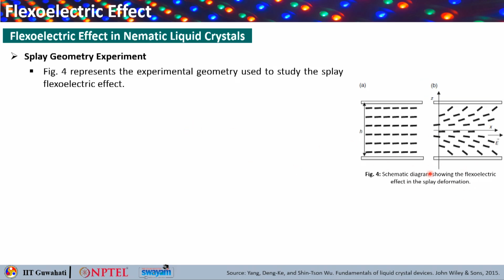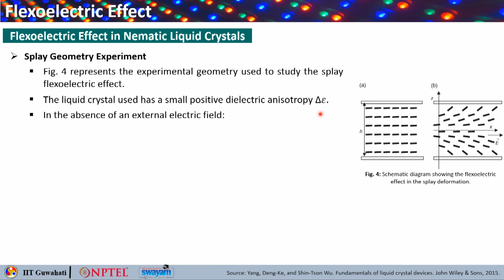This is an experiment that is shown for splay. The splay geometry experiment is shown here in figure 4. Here you again take a liquid crystal setup with small positive dielectric anisotropy delta epsilon.